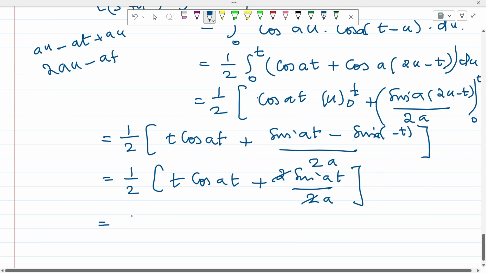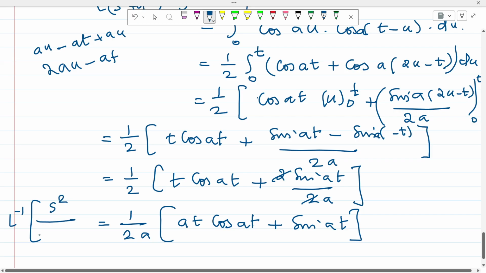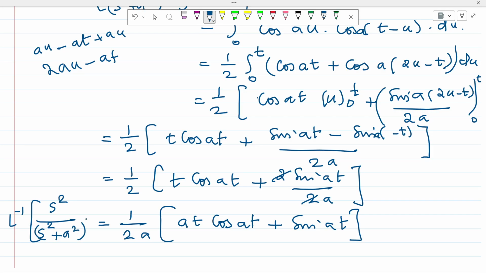Therefore this can be written as 1 by 2a, t cos at plus sin at. What is the left hand side? L inverse of s square divided by s square plus a square whole square.